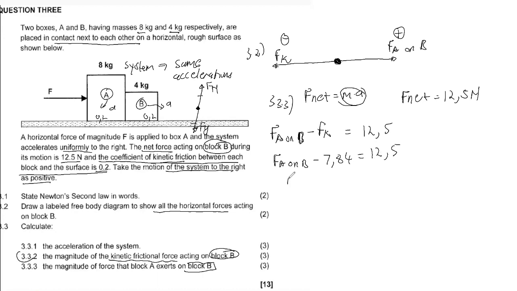We take the 7.84 and transpose it over to that side, so that's 12.5 plus 7.84. The force of A on B is now equal to 20.34 newtons.